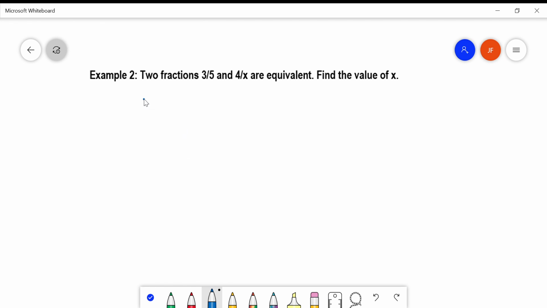So we have here 3/5 equals 4 over x. Okay, so we're looking for that x. So x is a variable, meaning this is a letter or a symbol that only represents a certain number that will satisfy this equation to become true.